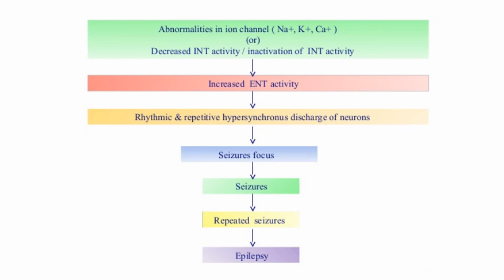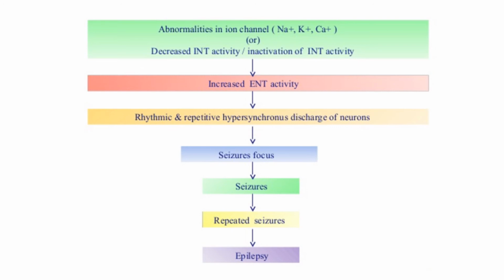So to recap, this is what happens during a seizure attack. There could be a decrease in inhibitory neurotransmitter activity or a decrease in the inactivation of excitatory neurotransmitter, or there could be abnormalities in ion channels.